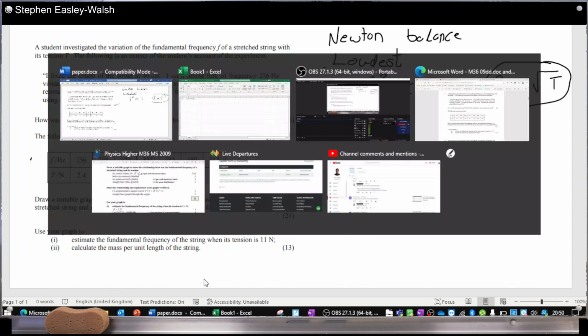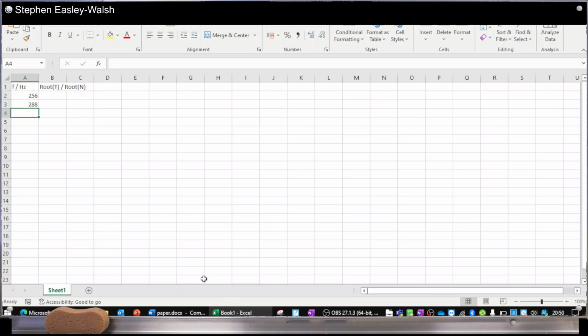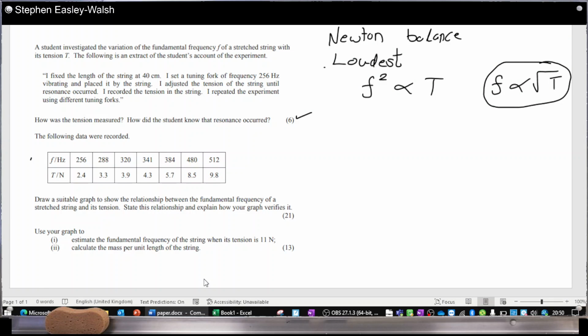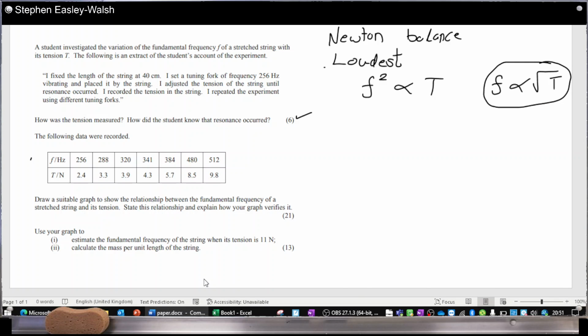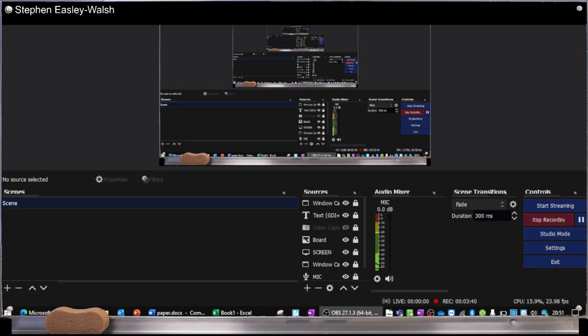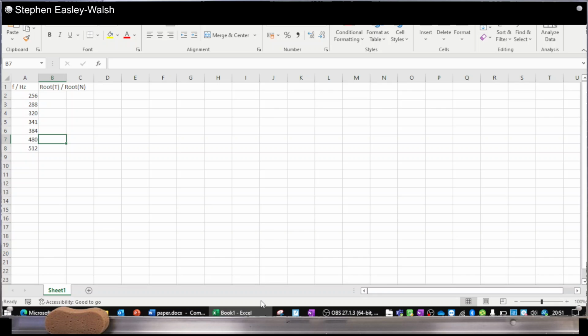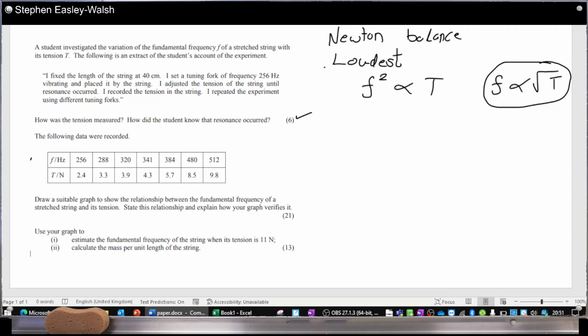So the frequency is 256, 288, 320, 341, 384, 480, and 512. Am I still recording? Yes, I am. Okay, and then here, let's just copy the numbers first, and then we'll take the roots.